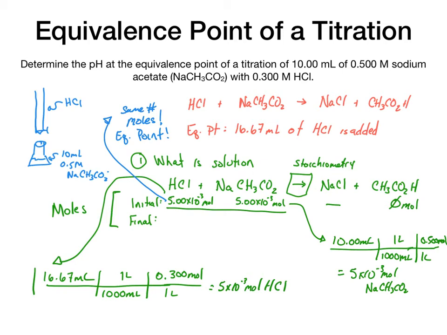Since this is a one-to-one relationship and they both have the same number of moles, they're going to react so that there is nothing left of either of these. And there's 5 times 10 to the minus 3 moles of acetic acid in solution.